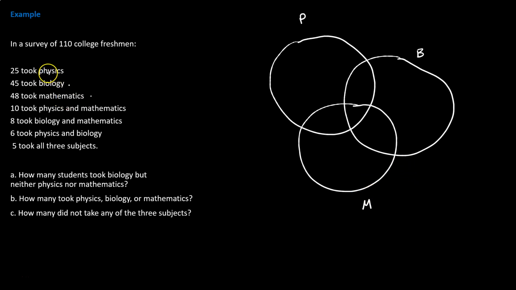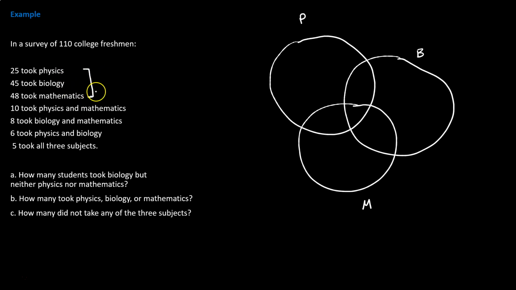All right, 25 took physics. If I put a 25 right here, I don't know if any of those 25 also took biology and mathematics, or also just took mathematics. So it's hard to start with that first number. It's not really specific enough. In fact, if we look at any of these first three numbers, they're too general.